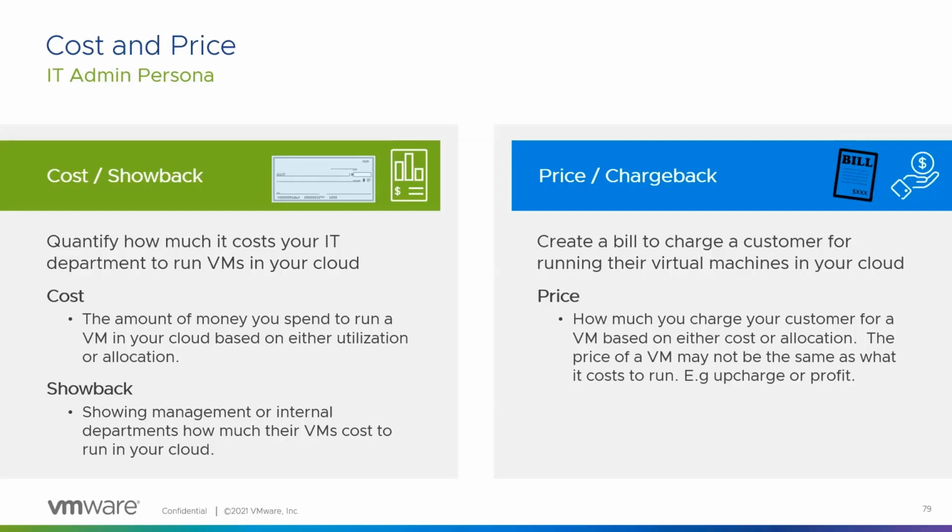And then you can add in things like upcharges and profit and other various services on top of the cost. And then chargeback is a report that lets you create the bill that you use to show the customer how much you want to charge them for the virtual machines. So hopefully that makes sense, the difference between cost and showback versus price and chargeback.